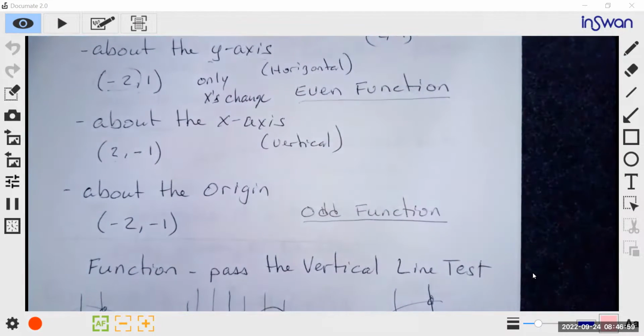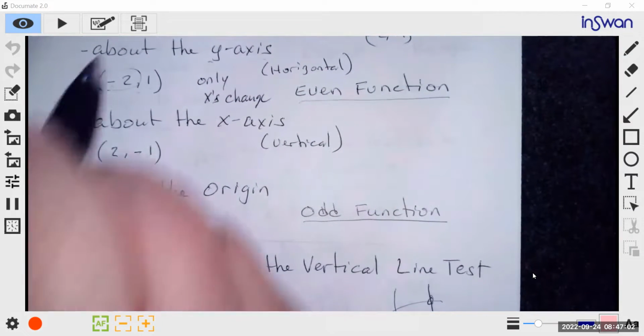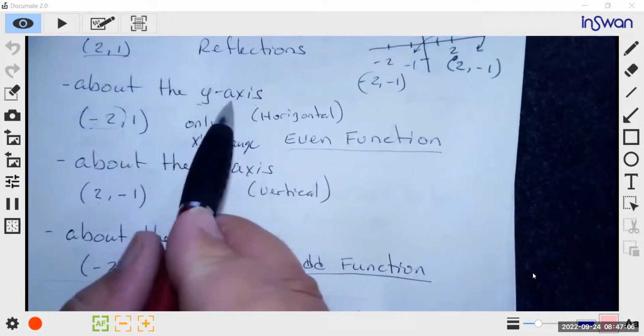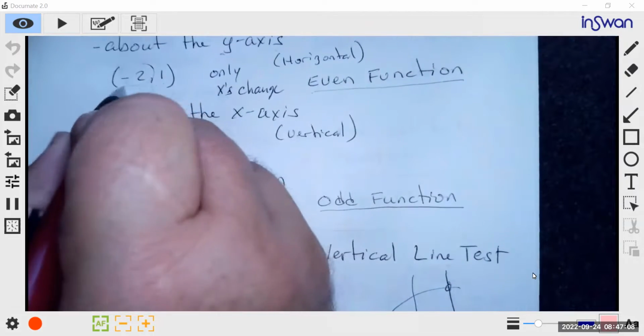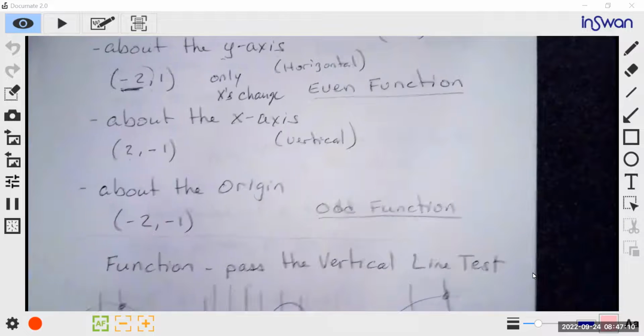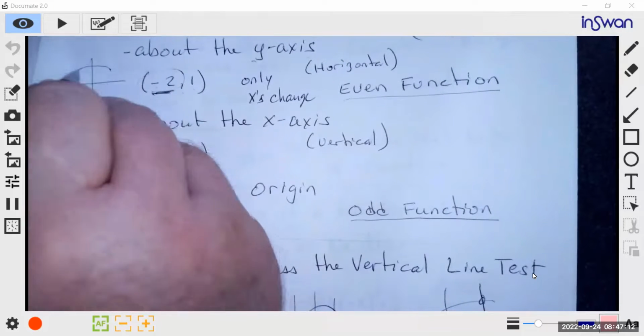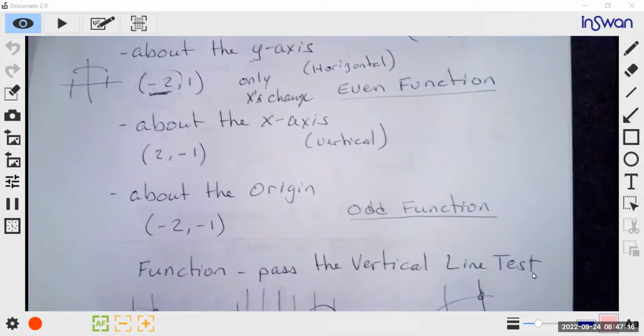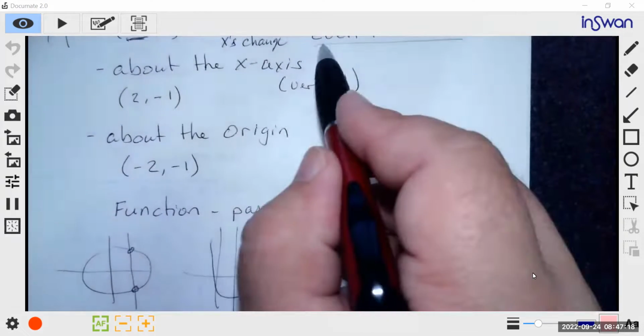And they only change their sign. So I start off with 2, 1 here. That's my original point. If I flip it across the y-axis, the x changes sign. Because if I go this way, the only thing that changes are the x values. The y stays the same. And that's called an even function.